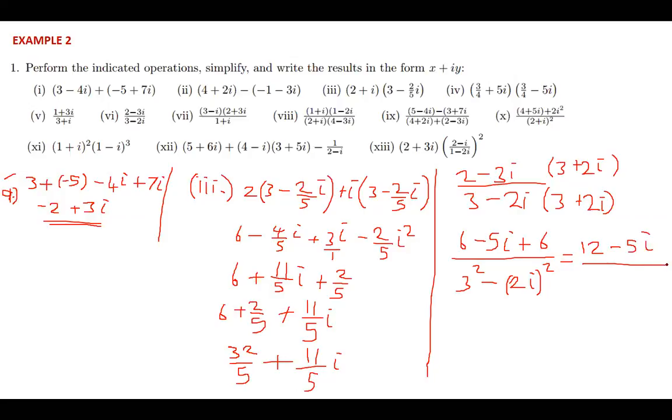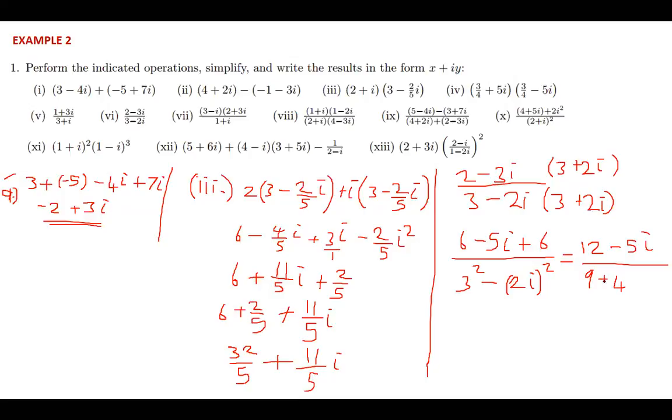And then here the denominator, you get something like, this is 3 to the power 2 is 9, and then minus 2i squared, you get 4, and then i squared will be negative 1. So this times that, negative 4 times negative 1, you get your answer to be a positive 4.